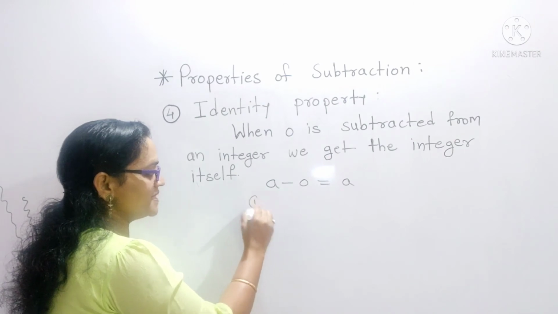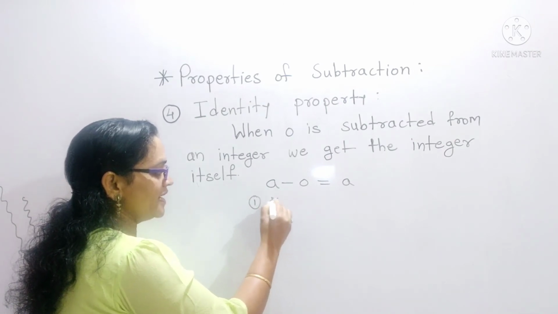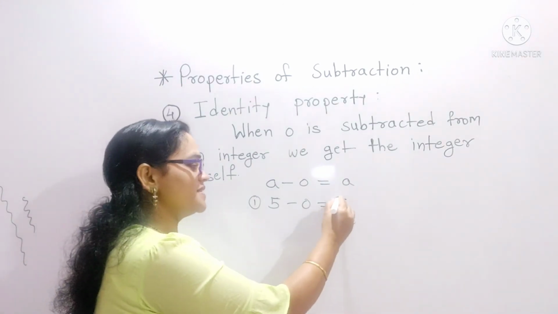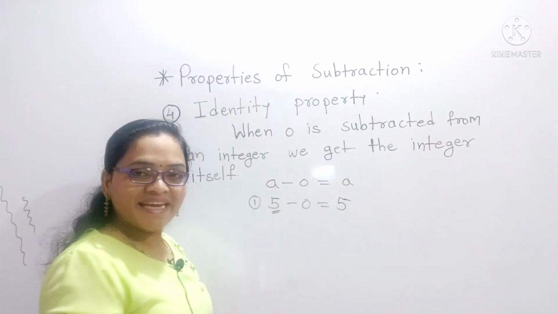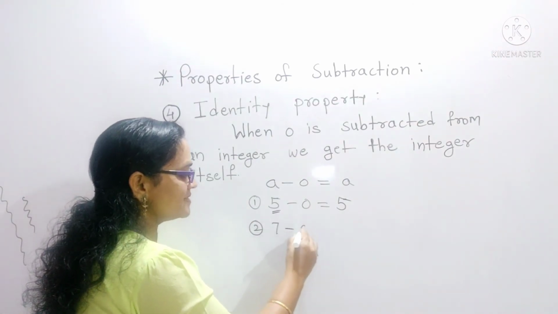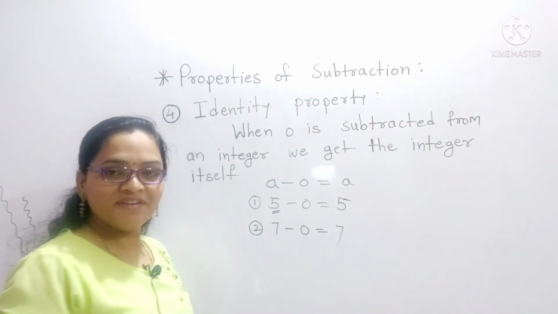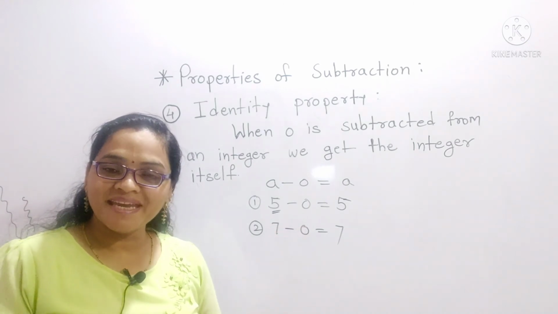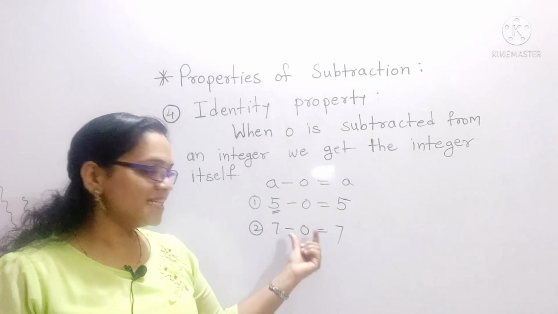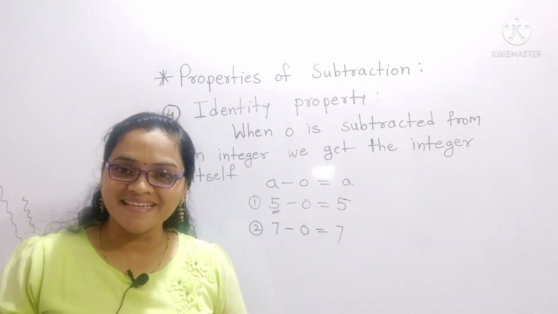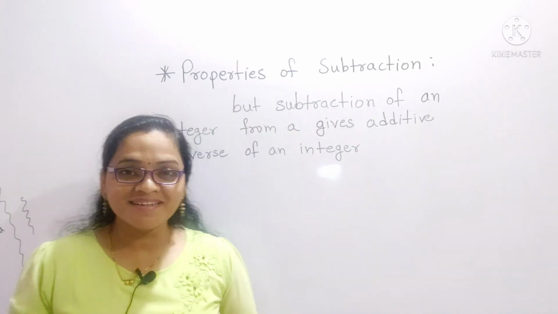First example, see, 5 minus 0. What is the difference? 5 minus 0 is 5, means that integer itself. Second example, see, 7 minus 0. The answer or difference is 7 only, means from any integer if we subtract 0, then we get the difference as that integer itself.